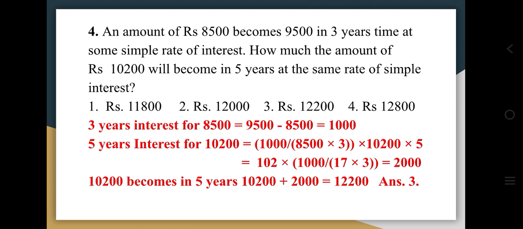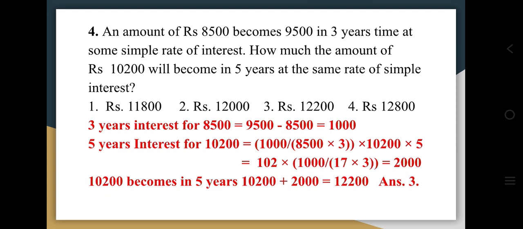So we are given 8,500 becomes 9,500 in 3 years. We know that after 3 years we get the principal amount plus 3-year interest. The principal amount given in the first is 8,500. So 8,500 plus 3-year interest for 8,500 is 9,500.